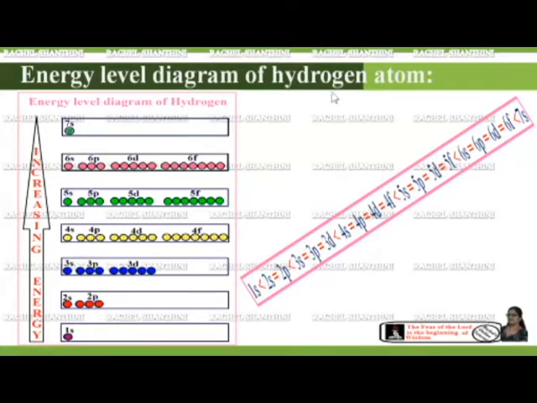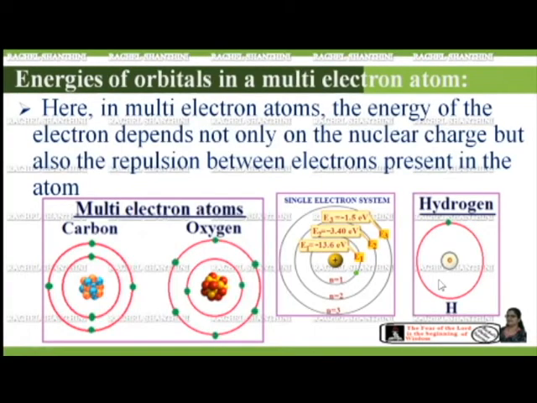So for hydrogen or hydrogen-like species, the principal quantum number is very important because it determines the energy of the orbitals. As we have discussed earlier, in a single electron system, since there is only one electron, the energy of the electron depends only on the principal quantum number n.